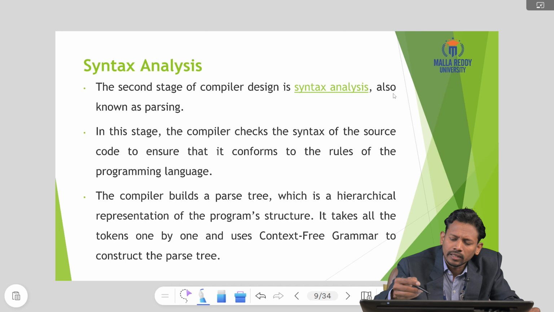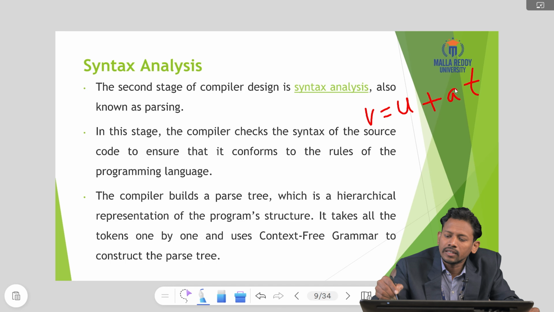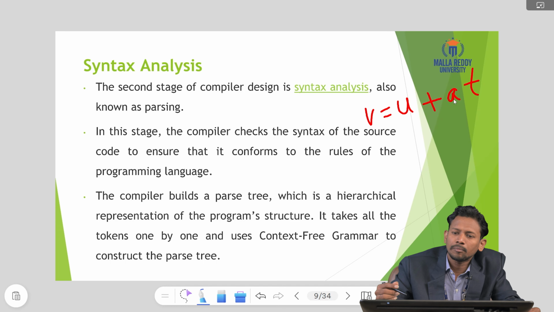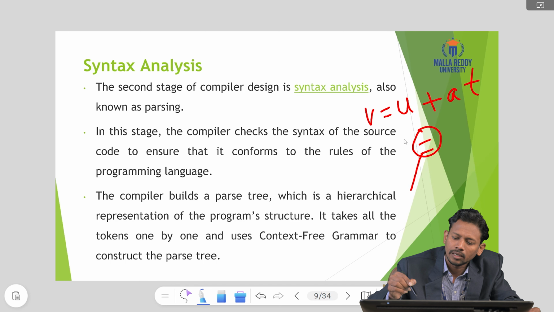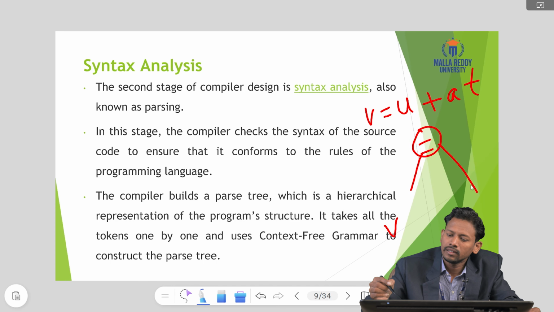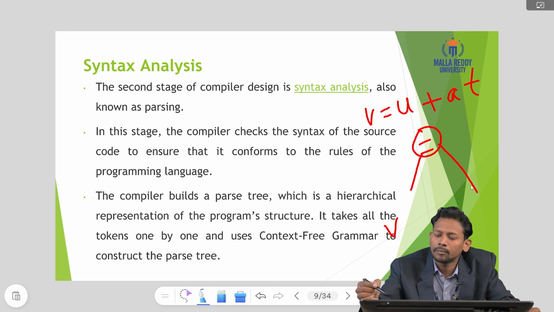Suppose the given instruction is v = u + a * t. It constructs the parse tree. The assignment operator will be taken as the root node, and the first operation computed in this instruction is a into t.